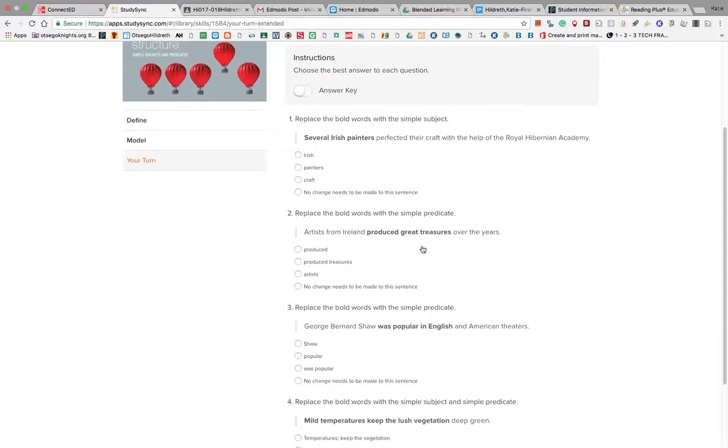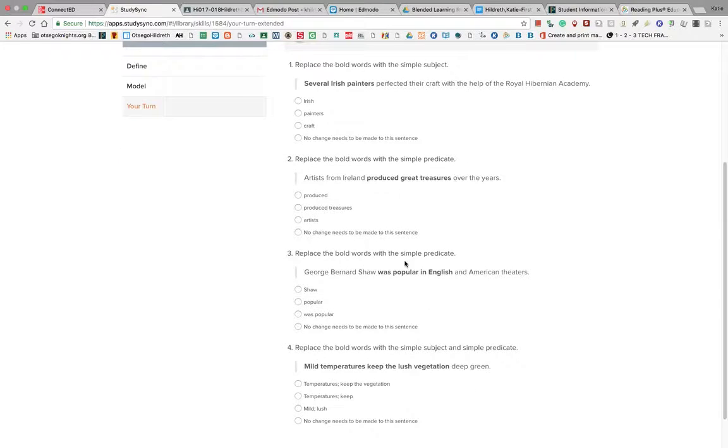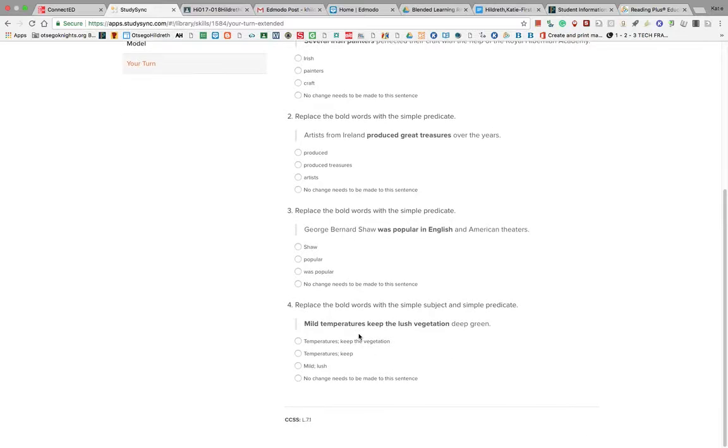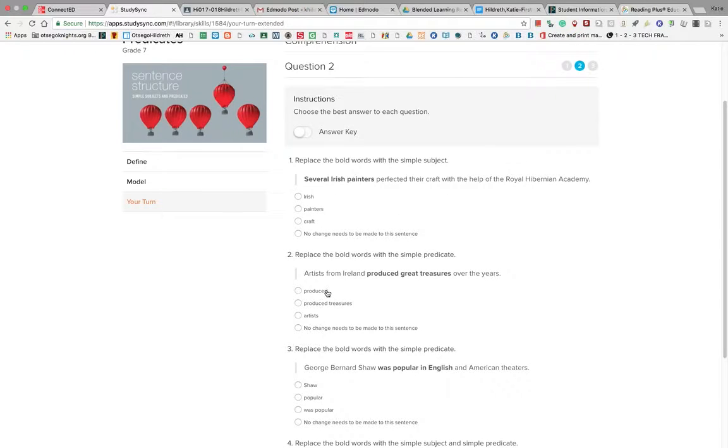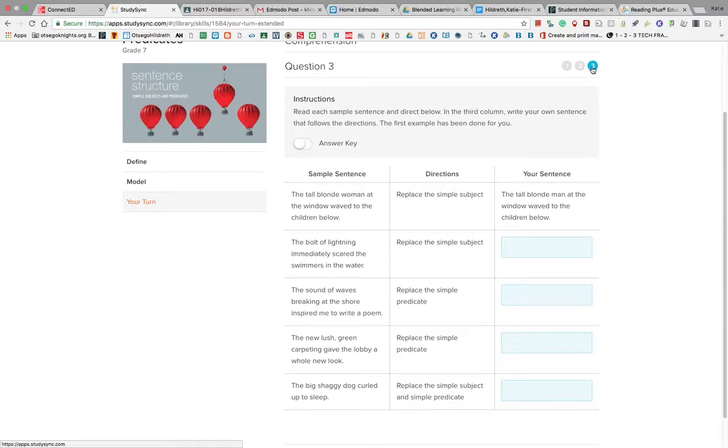In the second one, it's asking you to replace the bold words like produce great treasures with a simple predicate, and you pick one of your 4 choices. Okay? Or if you think there's no change that needs to be made, you click on no change. Same for number 1. Okay? Number 3, they're asking you to replace the bold words with a simple predicate. So you have to choose if you need to use one of these 3 choices or no change. And you're going to do that for 1 through 4. Okay? When you finish with question 2, you're going to go on to question 3.